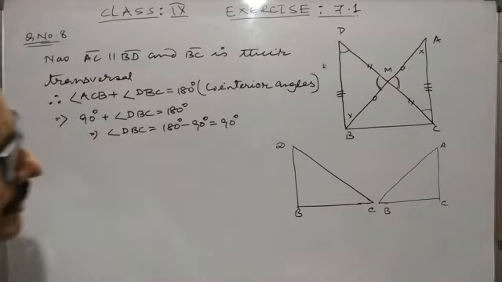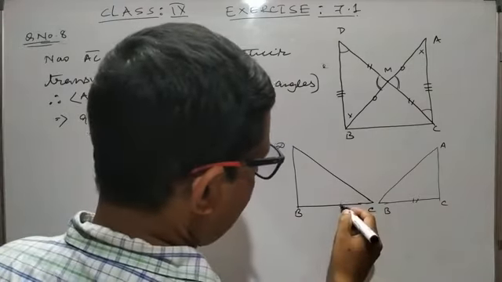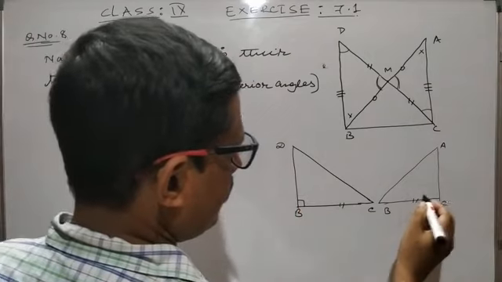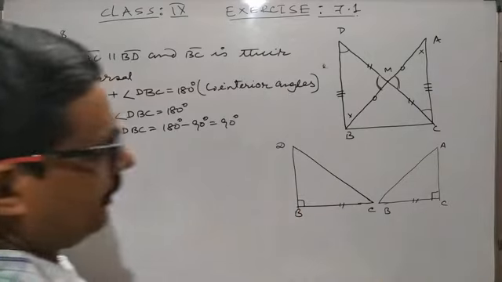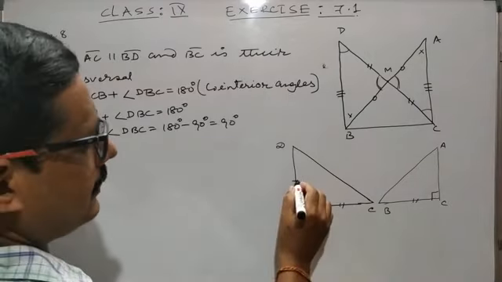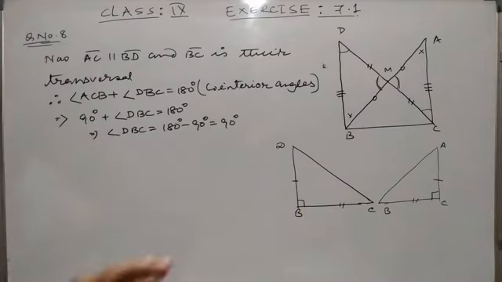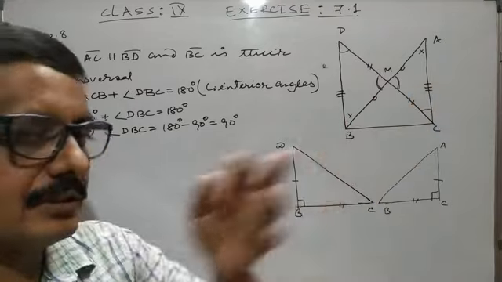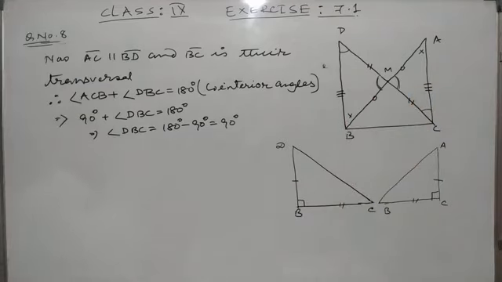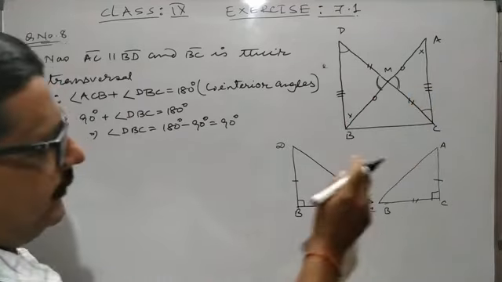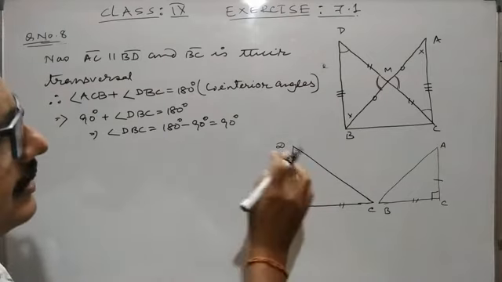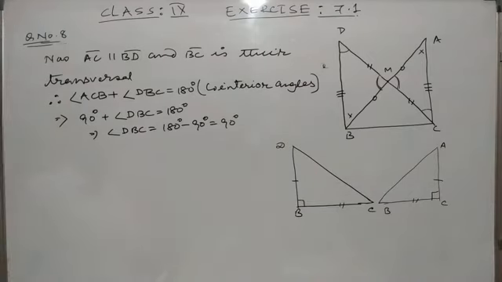From these two triangles you see BC equal to BC. This angle is 90 degrees and this equal to this from 1. In one we have proved that this and this are equal. Therefore these two triangles are also congruent by side angle side congruence criteria.